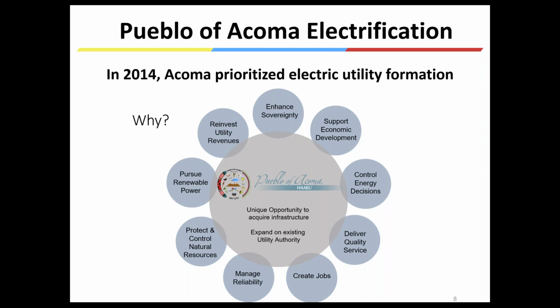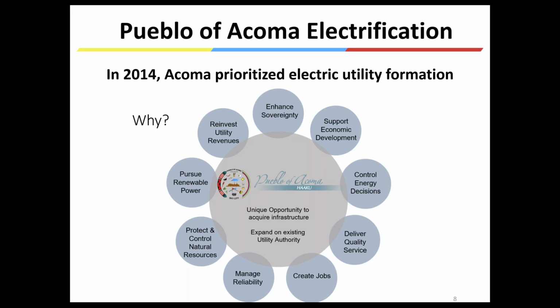So as I mentioned, why did the Pueblo of Acoma decide to form its own tribal electric utility? The main reason, of course, is energy sovereignty or enhanced sovereignty, controlling energy decisions, being able to improve quality of service, maintaining and retaining revenue within the community.